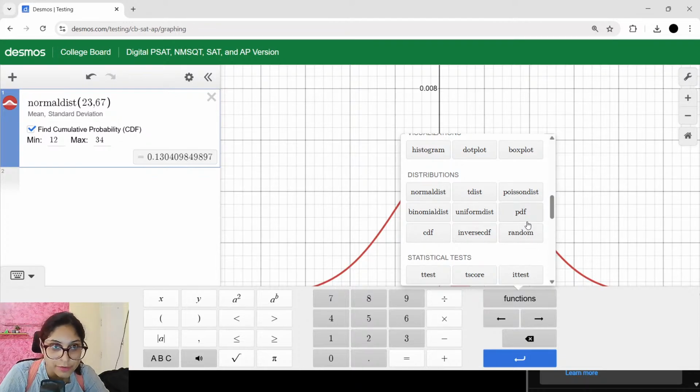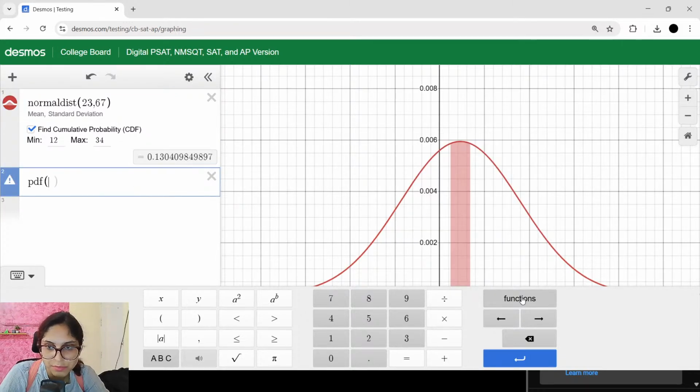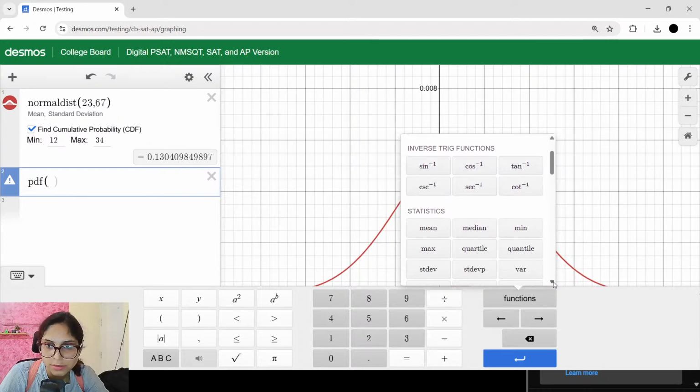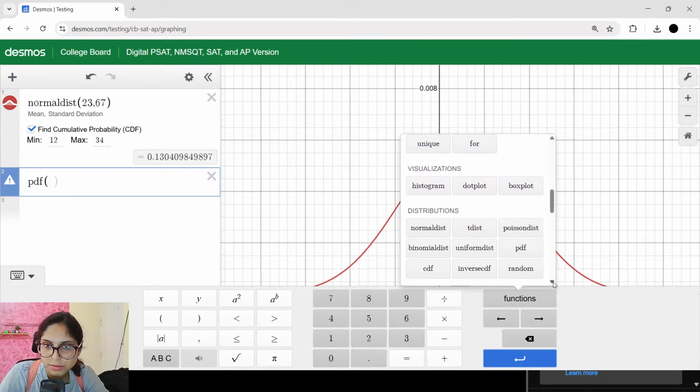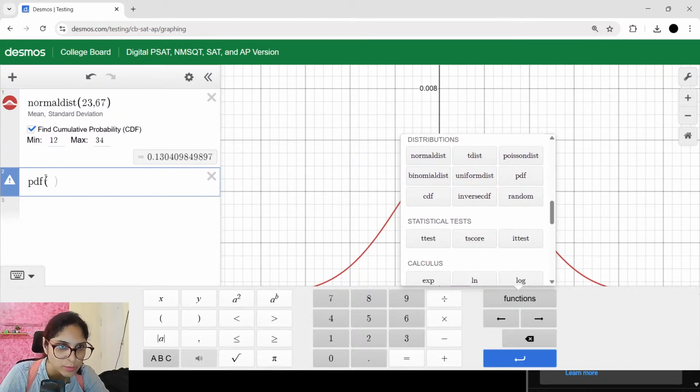You can calculate PDF, you can calculate CDF, you can calculate inverse CDF, you can calculate random also, okay? So PDF should be called on a distribution with a number.